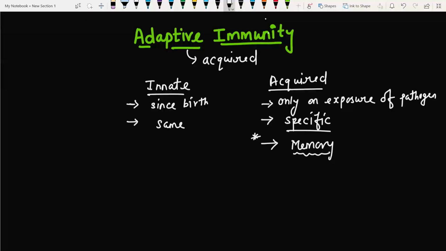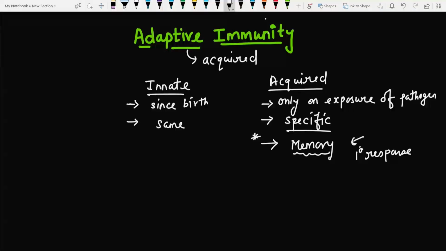So there will be a difference in the primary and secondary response. When a pathogen enters for the first time, our acquired immunity against that pathogen gets activated. So the response, for the first time, will be the slower one. This is called the primary response.